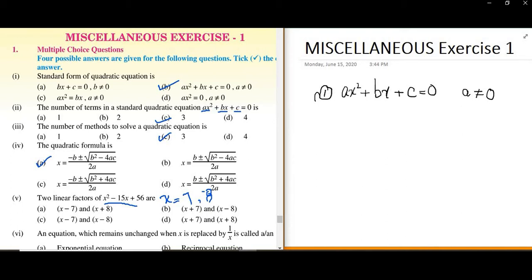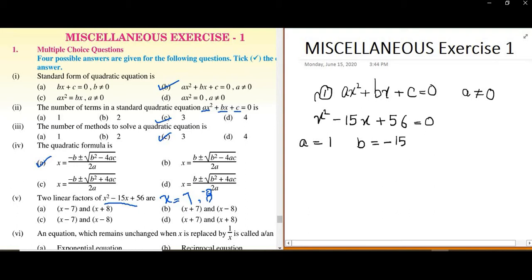This is x square minus 15x plus 56 equals to 0. So a is 1, b is minus 15 and c is 56.